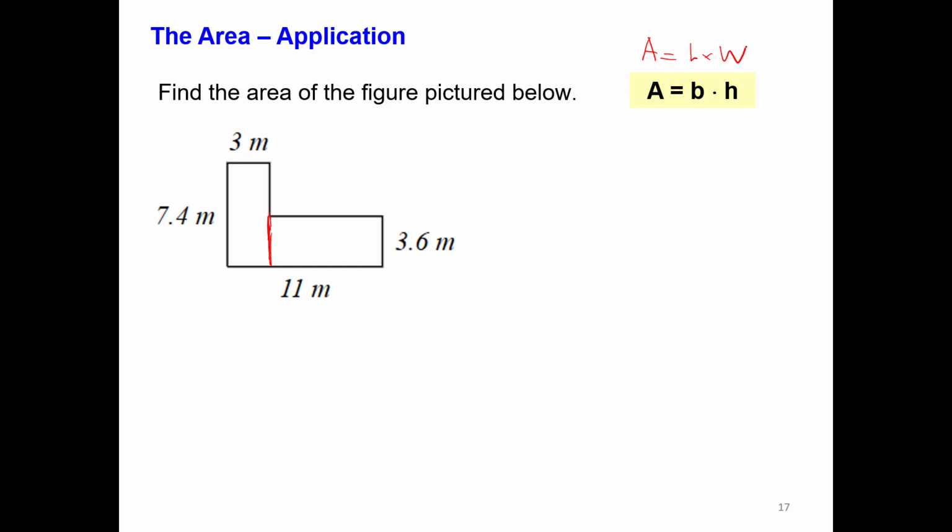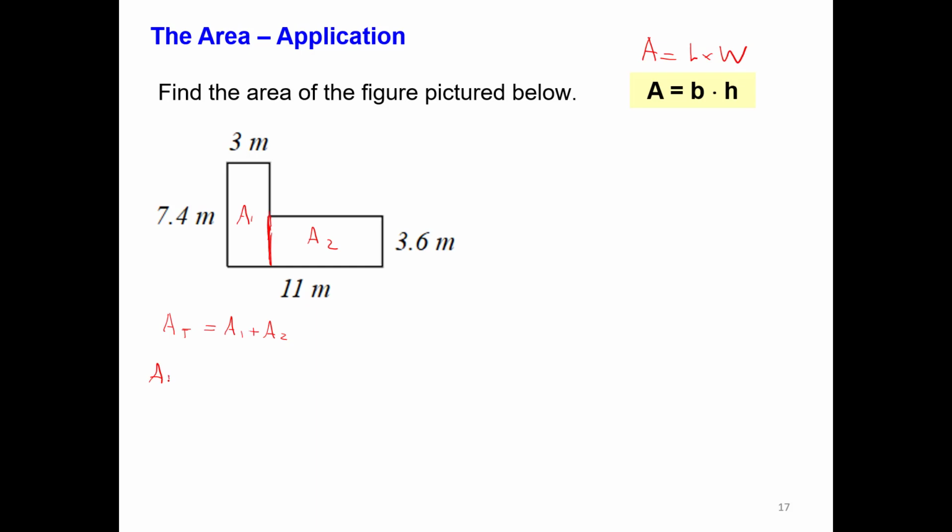We need to divide the problem. We need to calculate this area and this area, and then add the areas together to calculate the total area. The total area, which is the area we want to find, is area 1 plus area 2.